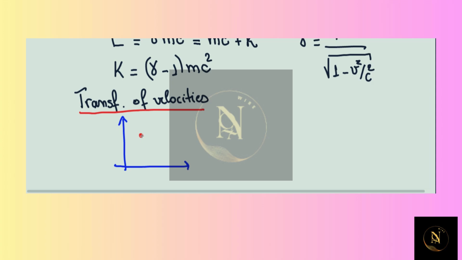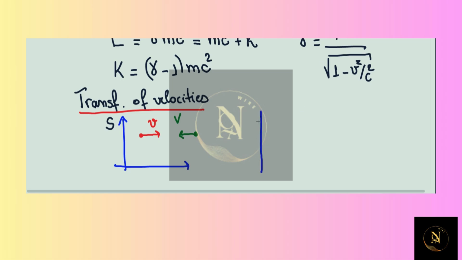The first one, this red one here, is moving with a speed v. The second one, this green one, is moving with a speed capital V. I'm going to call this reference frame the S reference frame.